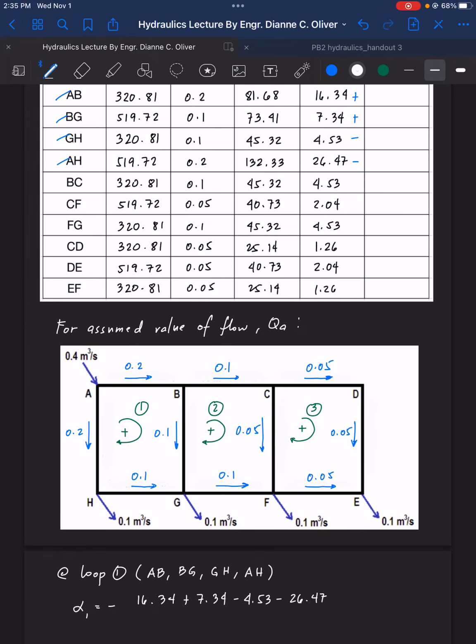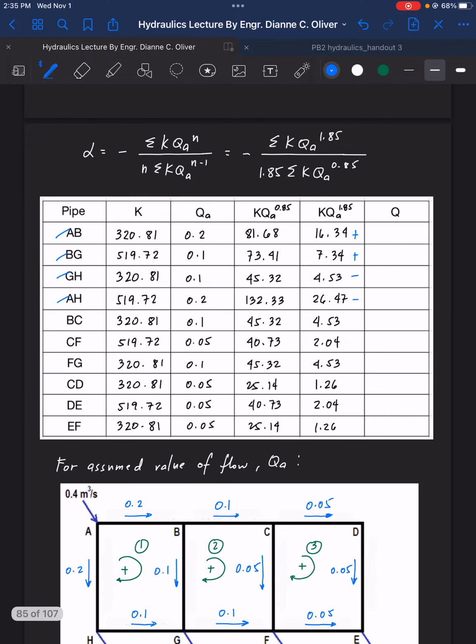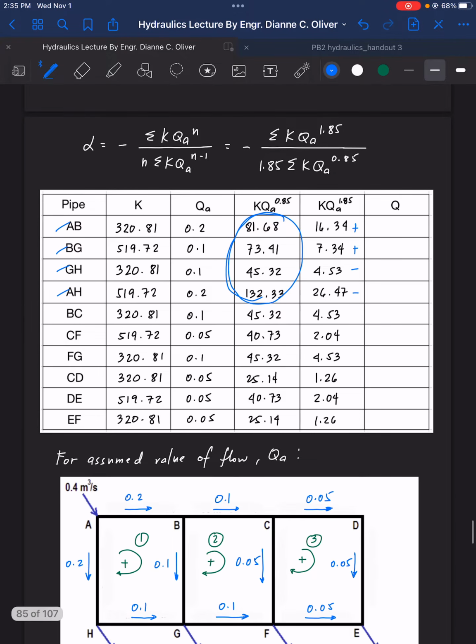Then for the denominator, we have n times the summation of KQ^0.85, and these values are all positive.